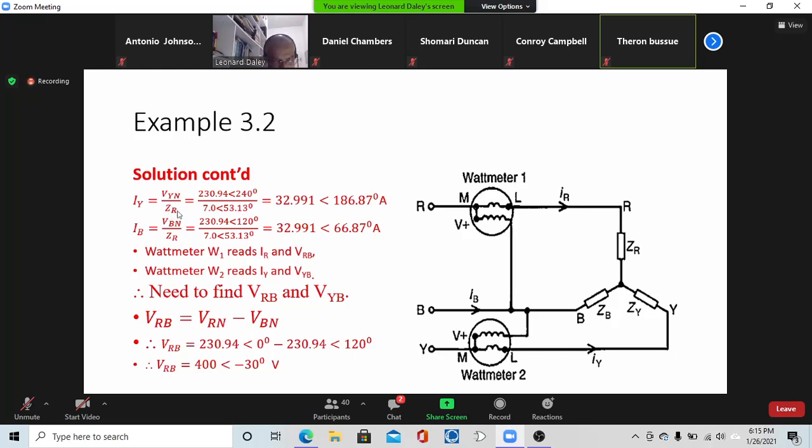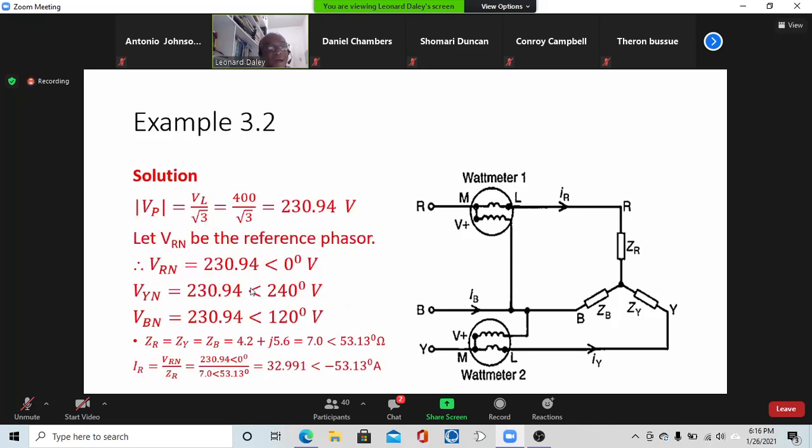I never said that before, but all the impedances are the same. So if I'd write ZY here, to be more accurate, it should be ZY, and for IB, ZB. But they all have the same values anyway, because we had stated before that ZR is equal to ZY equals ZB.